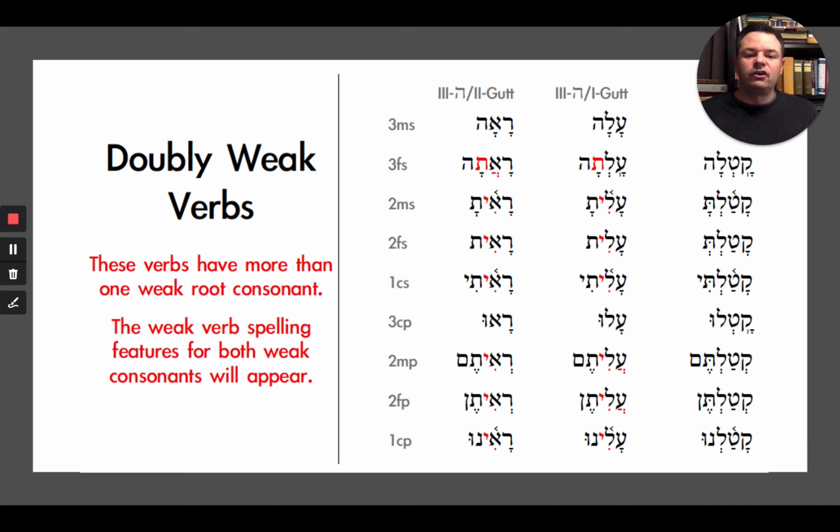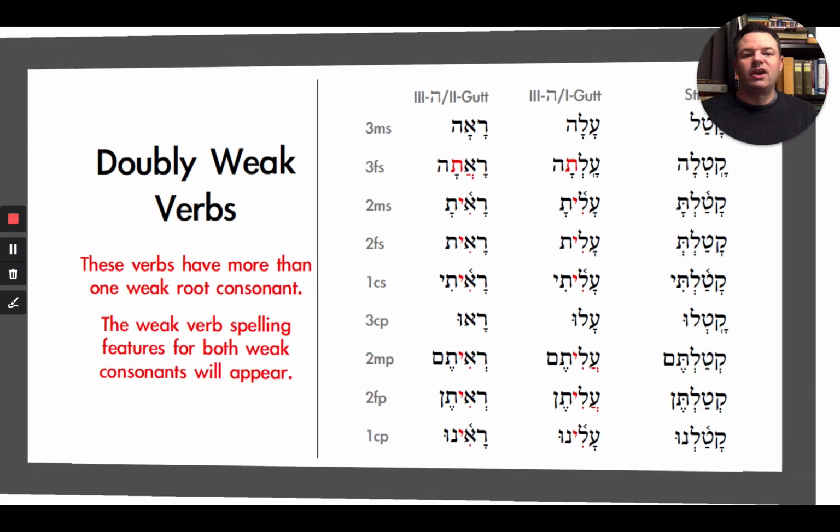Since a guttural can't take a schwa, you're going to see it take that hatef vowel, the reduced vowel, the hatef patah there instead. But if you know that it can't take a schwa and you see a hatef patah underneath it, it's the same basic concept there with the reduced vowel, and then the hirik yod is following the third hey pattern.